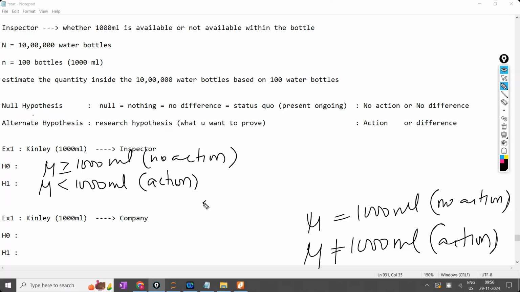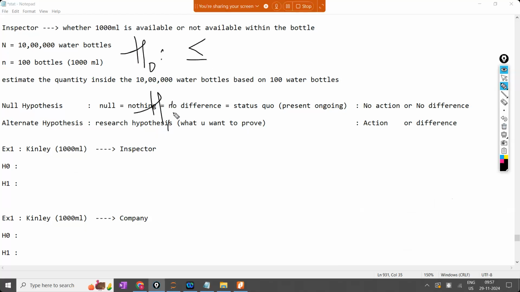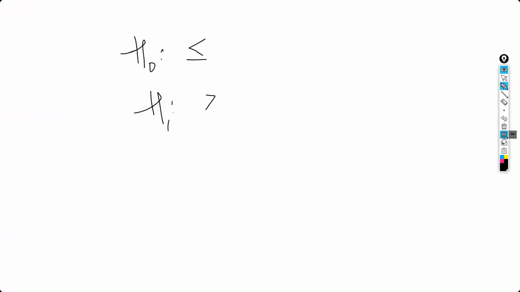So for a Kinley water bottle of 1000 ml, where mu is exactly equal to 1000 ml, no action. Here are the symbols: in the null hypothesis, if you have less than or equal to, the alternate hypothesis will have the greater than symbol. When you have greater than or equal to, your alternate hypothesis will have the less than symbol.